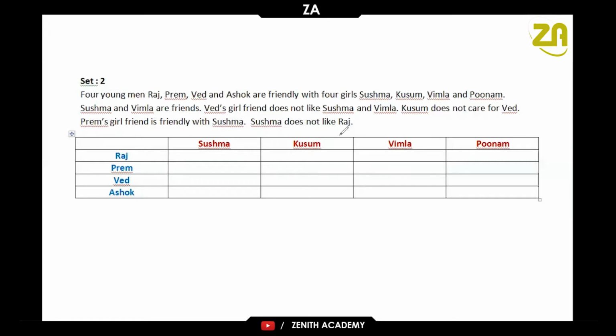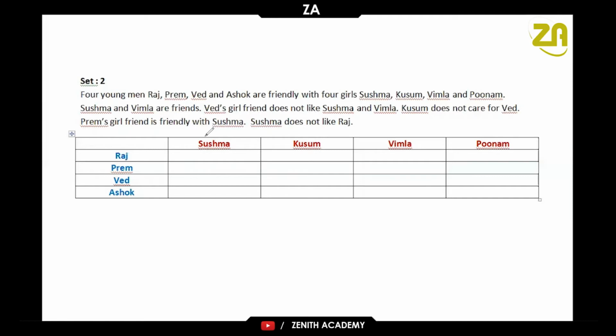So again, in this new set, we have 2 objects. One is a boy, man, and second, girlfriend. So between these 2 objects, we have to establish the given relations.